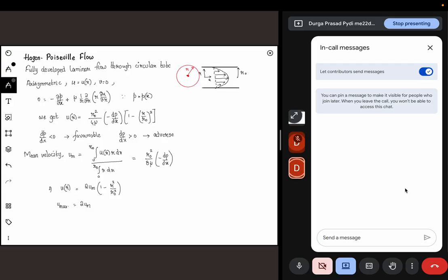If I take my momentum equation, 0 is minus del p del x plus this particular term. We are assuming this to be axisymmetric flow, which means nothing here is a function of theta. It's only a function of r. So if you solve this equation, you will get u as this particular quantity.